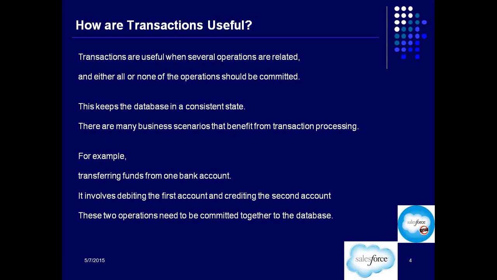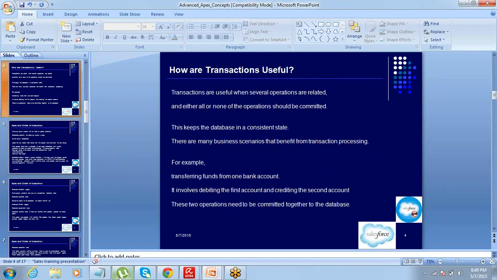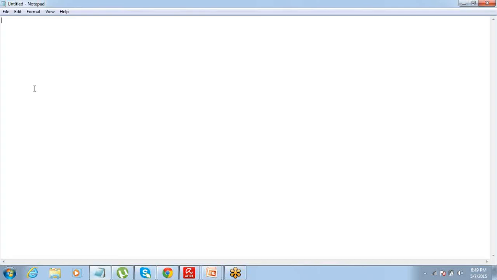Okay. Now if you have that sort of an interface, and let's say at the time of execution your account gets created, so the first DML operation which happens is the account gets created, right? So let's talk about this scenario.